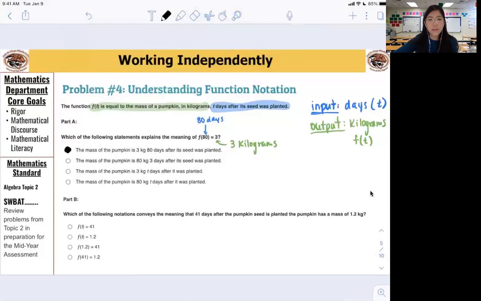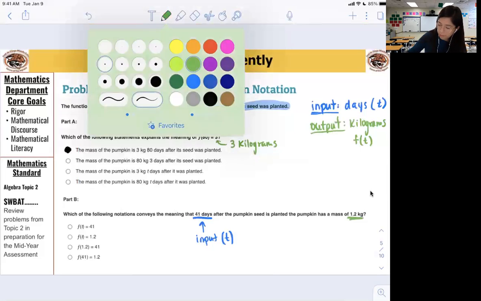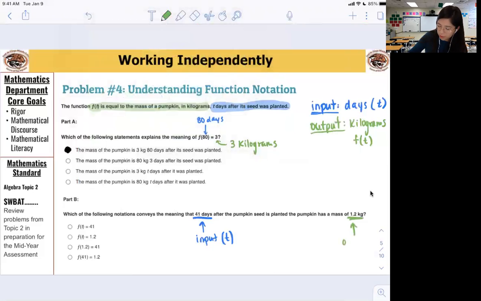Part B, which of the following notations conveys the meaning that 41 days after the pumpkin seed is planted, the pumpkin has a mass of 1.2 kilograms. So here we go, 41 days, that's my input, my t. Mass is my output.